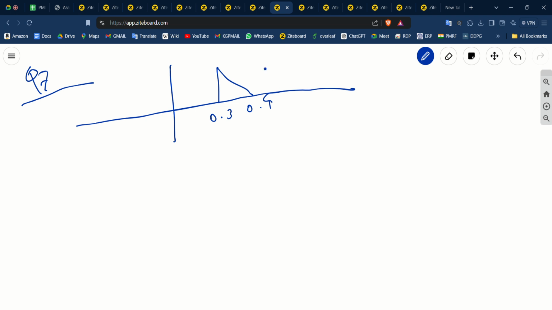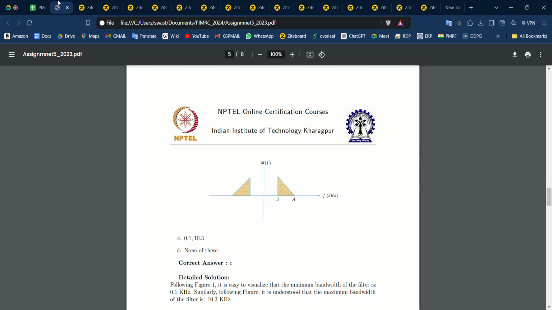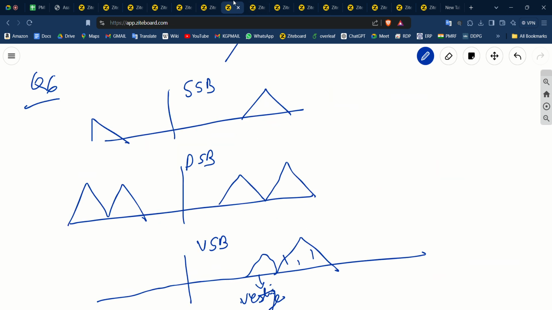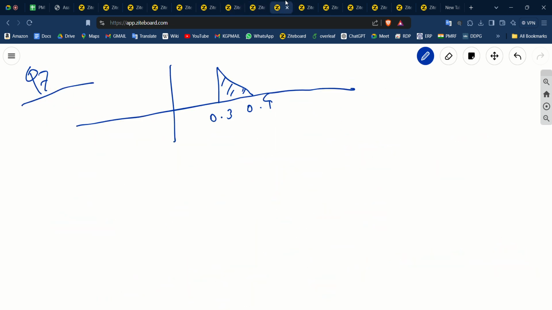Now this is from 0.3 to 0.4. Now it is modulated with a center frequency of 10 kilohertz. For amplitude modulation, whatever signal there is, it will just get repeated.